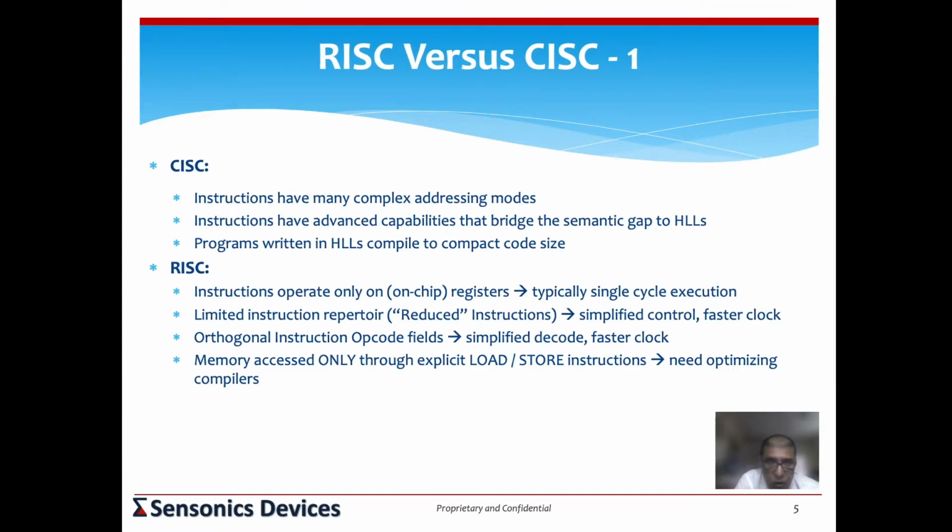The other thing was, again, to simplify control, the idea was that the instruction opcode fields would be orthogonal, meaning that you don't need one field to be decoded before you can decode the other field. You can decode each field independently.